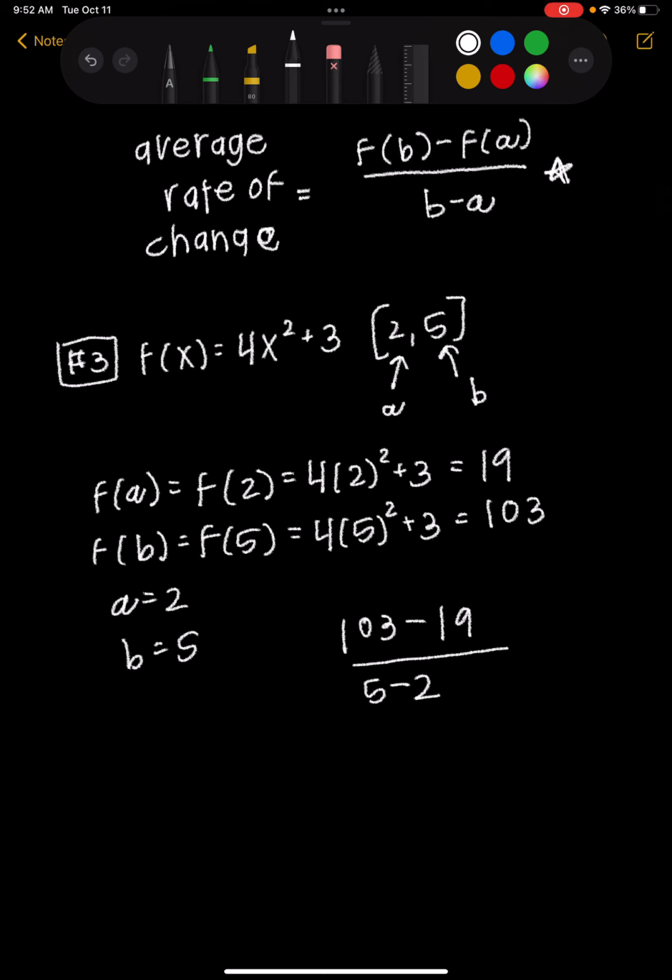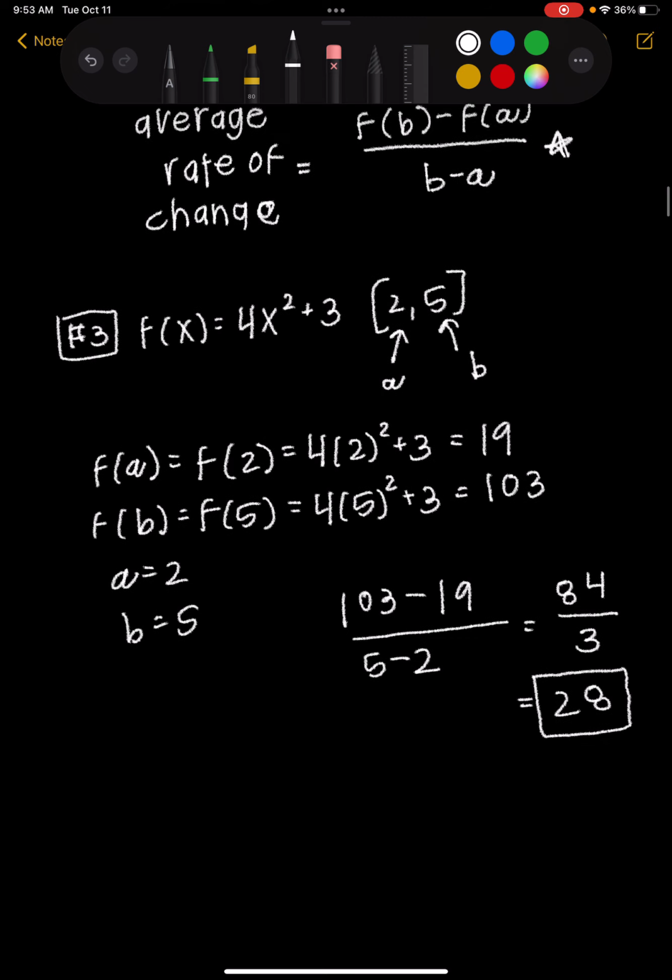Now all we have to do is the math: 103 minus 19 is 84, and 5 minus 2 is 3. 84 divided by 3 is equal to 28. And so my average rate of change, or my slope, between when that function is 2 and when that function is 5, is 28.